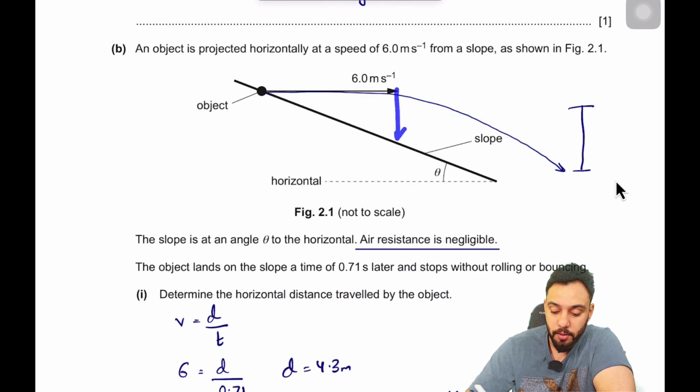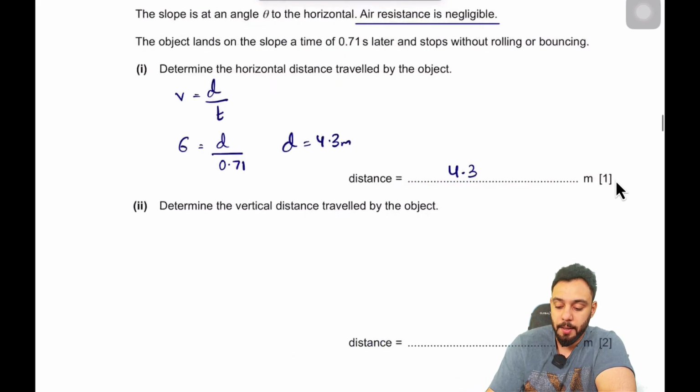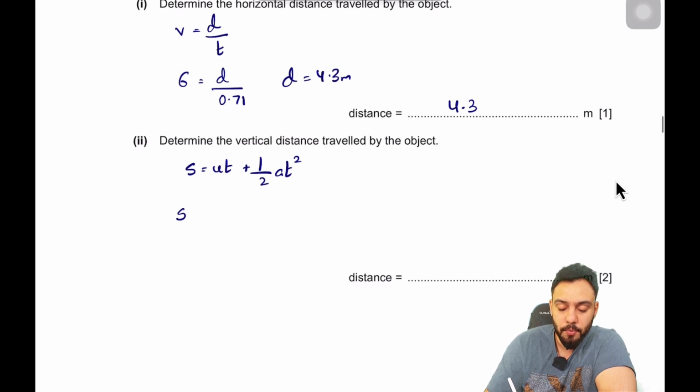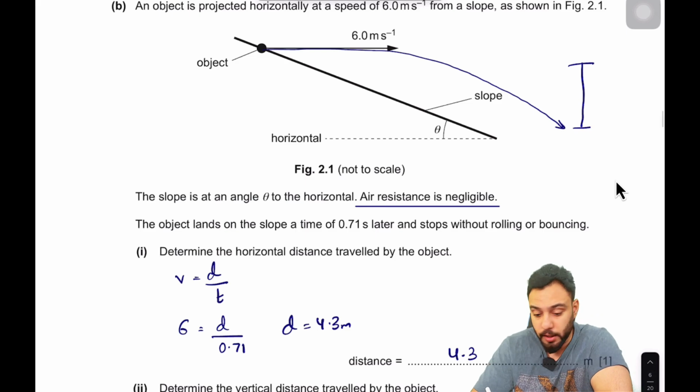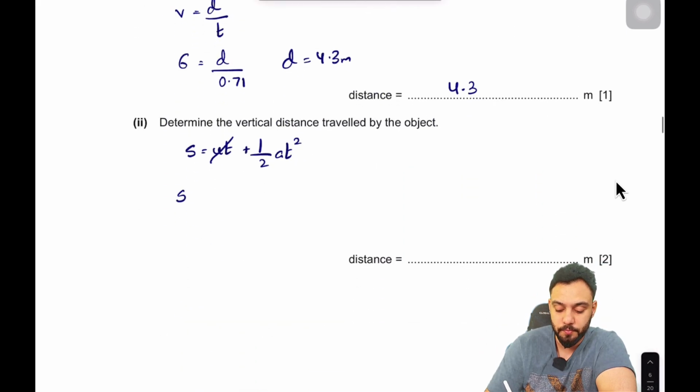So again, you can use S equals ut plus half at squared. Any equation of motion, but I think this is the one that is going to be used over here. So you need S. The initial vertical velocity is 0 because the object is not moving in the vertical plane. Initially, it's just moving in the horizontal plane. So it can be half at squared.